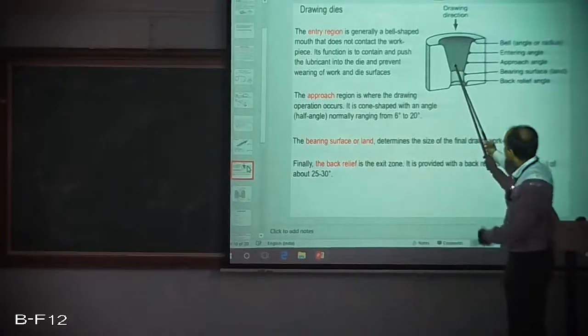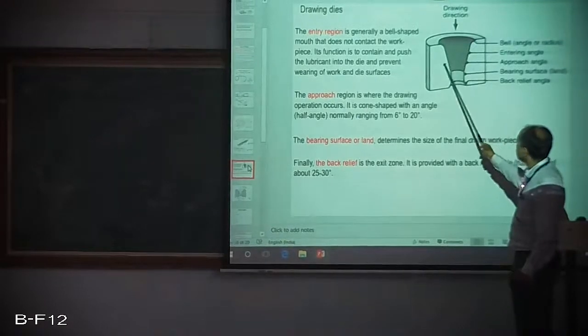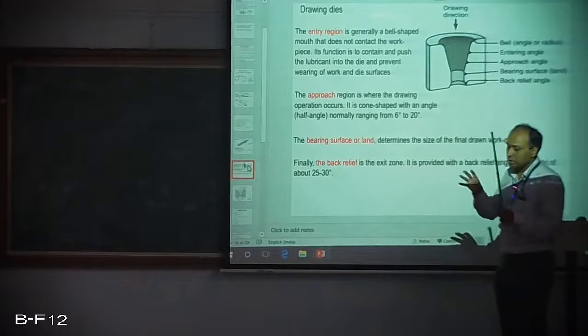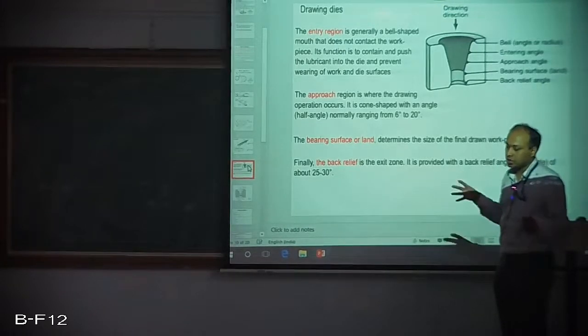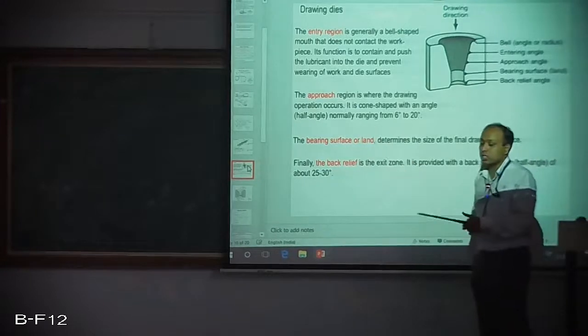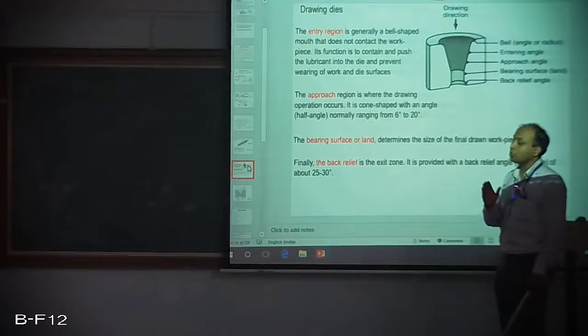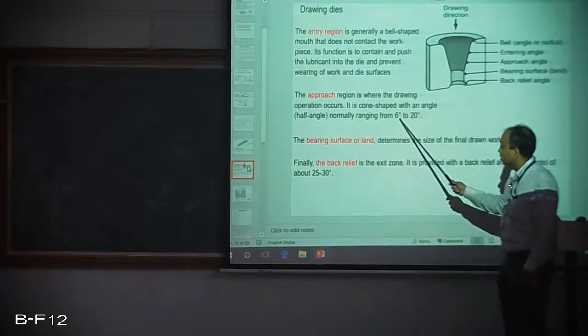Then comes the approach. The approach section, what I call the approach angle, is very crucial. Here actual drawing deformation takes place, here actual reduction takes place. So the angles associated with the approach are very important. It should not be too low and it should not be too high. So what is that angle range? 6 to 20 degree.